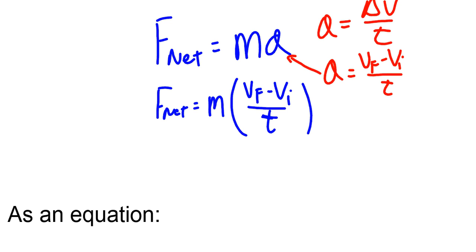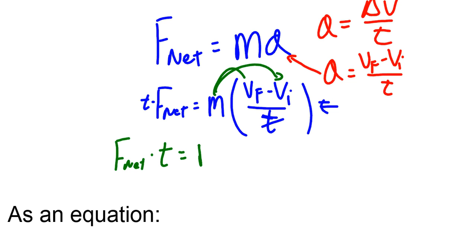We multiply both sides by time, which cancels out the time on this side. Then we distribute the mass through to both sides, and we get the following: the net force acting on an object times time equals mv final, mass times velocity final, minus mass times velocity initial.